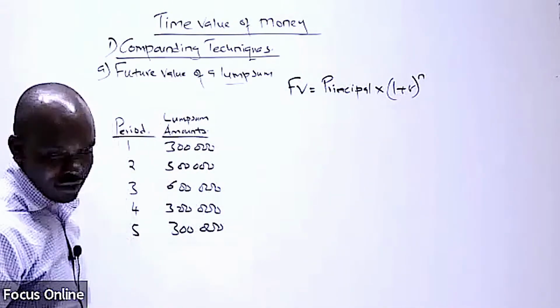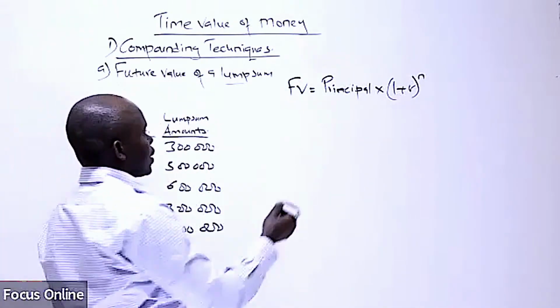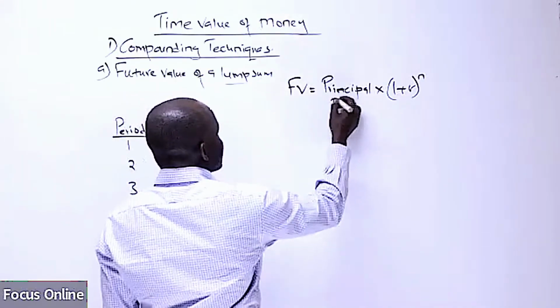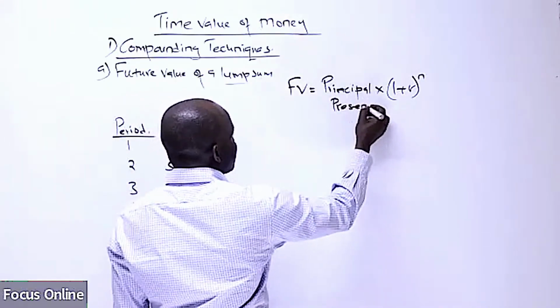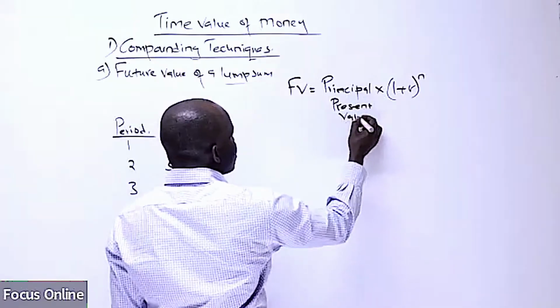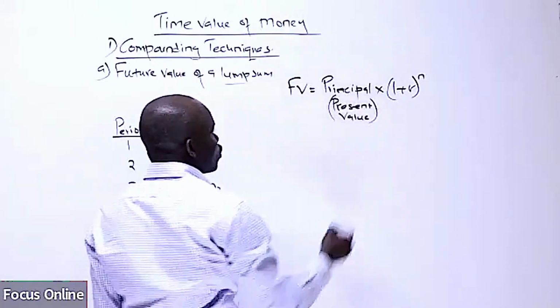Principal times 1 plus r power n. This principal figure here is what we call present value.